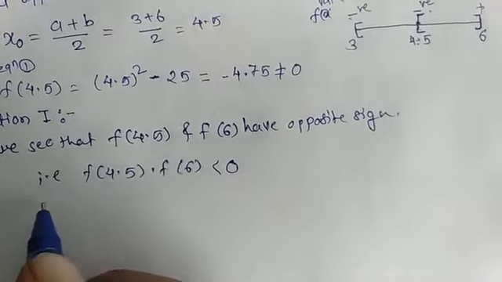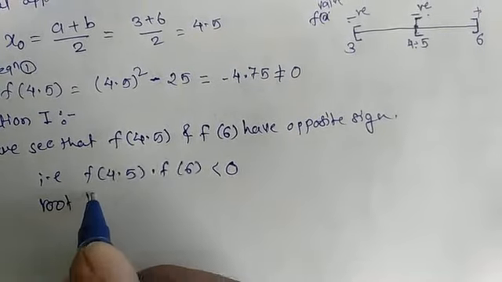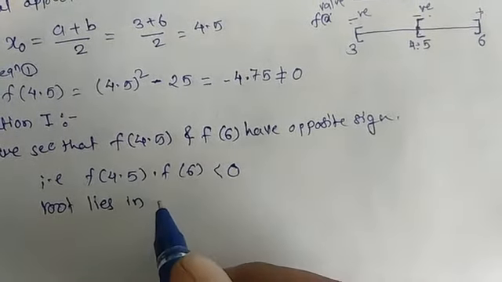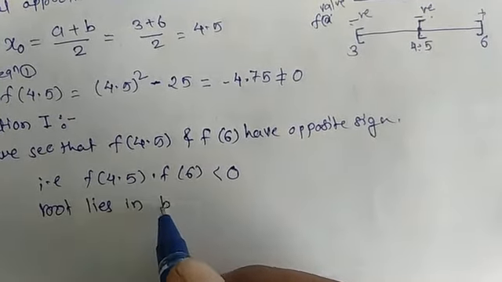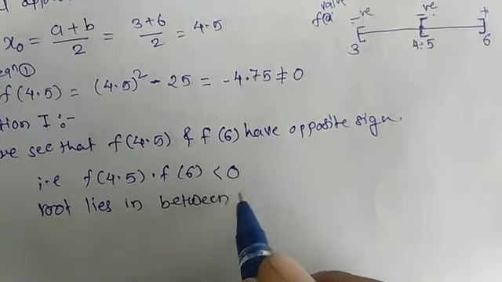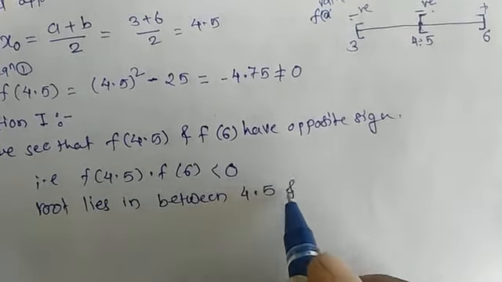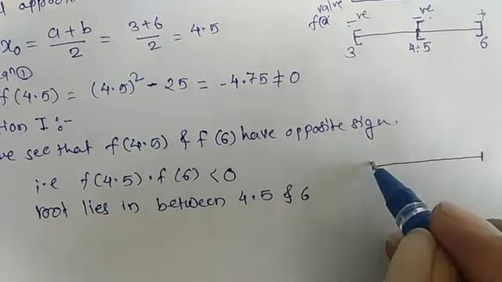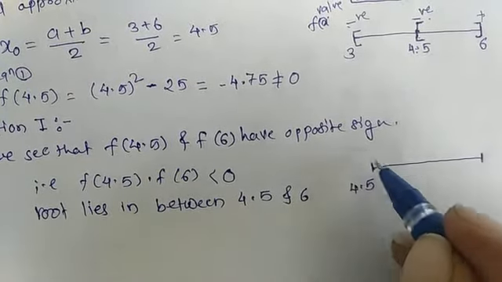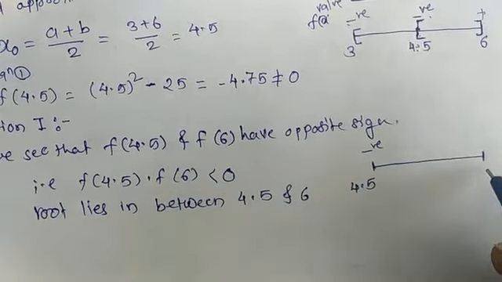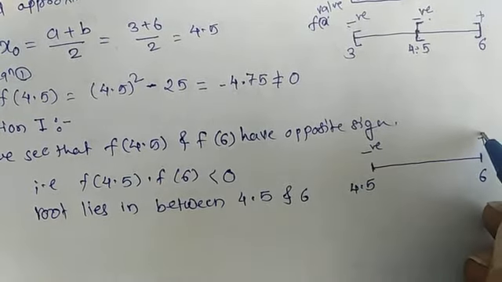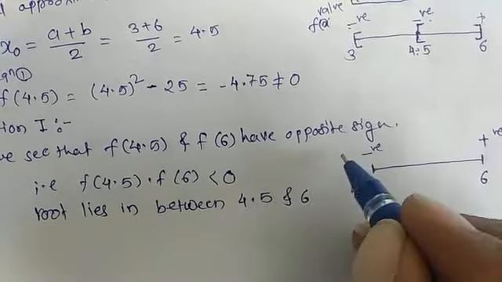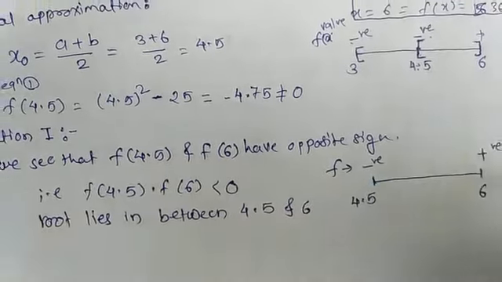So the root lies in the interval between 4.5 and 6. This is our next iteration process. Here, for 4.5 the value of f is negative and for 6 it is positive.